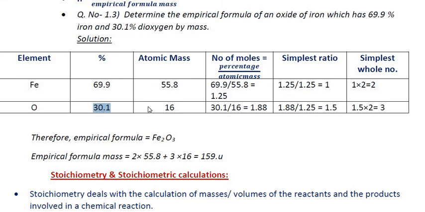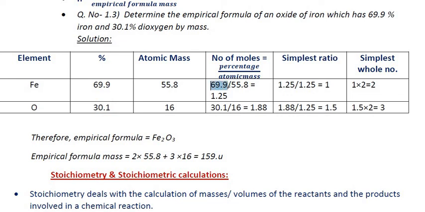So now, as I told you, how to calculate the number of moles: number of moles is equal to given mass upon atomic mass. So the same formula we are going to use. Now 69.9, as I told you, was in percentage, so the given mass in gram comes out to be 69.9.